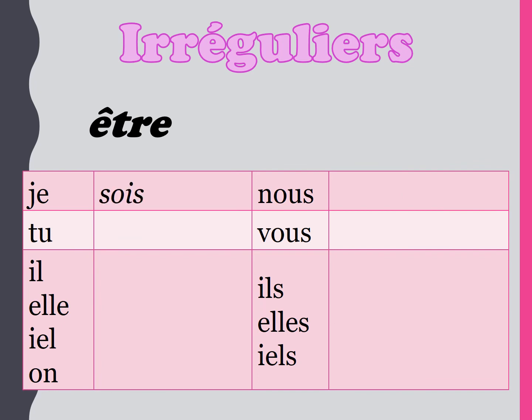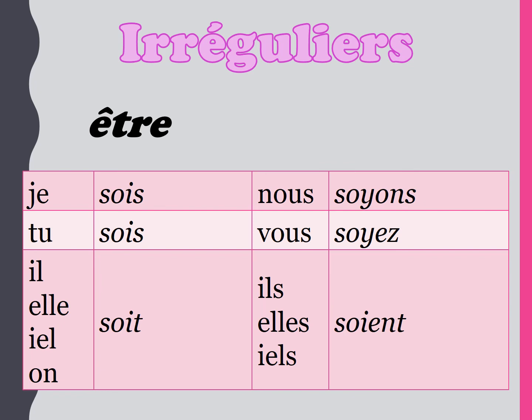Être. Je sois, tu sois, il, elle, on soit, nous soyons, vous soyez, ils, elles soient. You will hear this a lot in commands, especially moms to their children. Sois gentil, be nice, sois sage, be good.